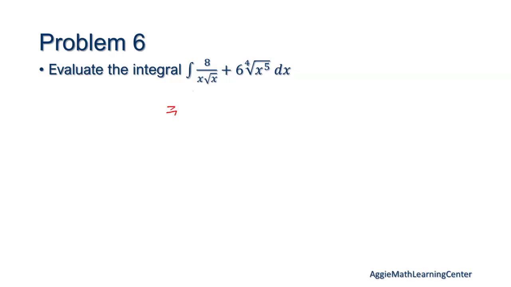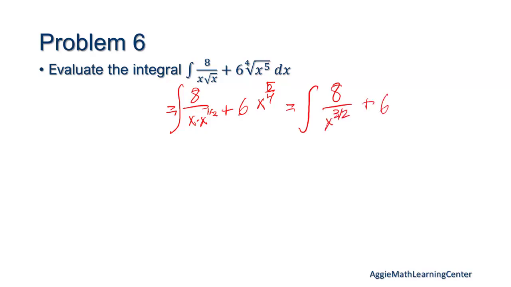So I'm going to simplify this into the integral of 8 over x times x to the 1/2 plus 6x to the 5/4. Again, the radical is the denominator, the power is the numerator. This simplifies into the integral of 8 over x to the 3/2 plus 6x to the 5/4.